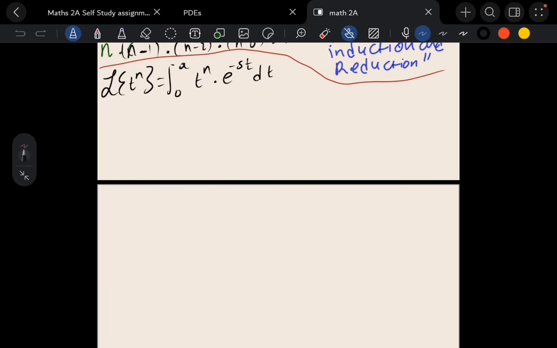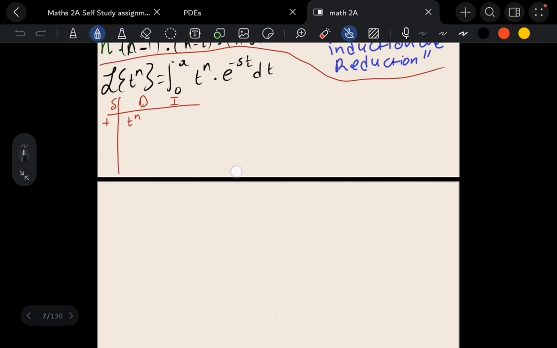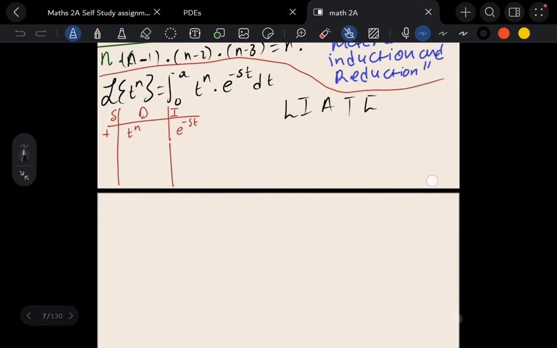so I'm going to have S, D, I, plus the derivative is t to the power n, and I, it is e to the power negative st. I'm just going to remind you, how did I choose this? It's LIATE. This thing is used from left to right.